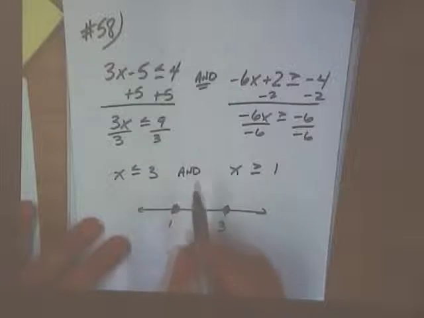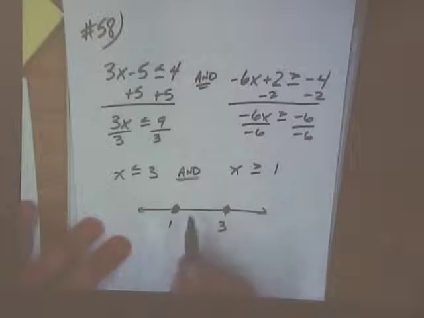If you put it on a number line, it's "and," so it's what they have in common, right? So that would just be everything in between, because it's less than the 3 and greater than the 1. So it would just be right there.